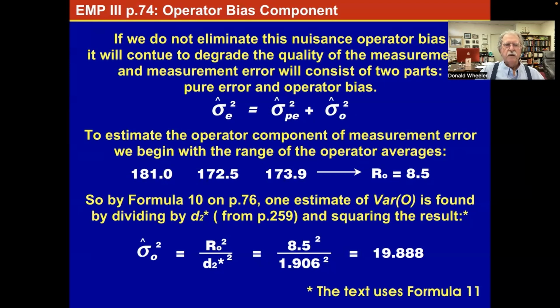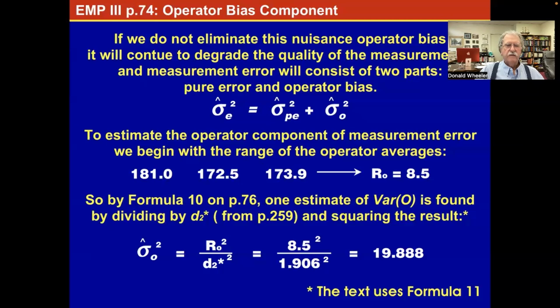To estimate the operator component of measurement error, we begin with the range of the operator averages. So the range of the three operator averages is 8.5. Using Formula 10 on page 76, one estimate of variance for operators is found by dividing by d2 star from page 259 and squaring the result.